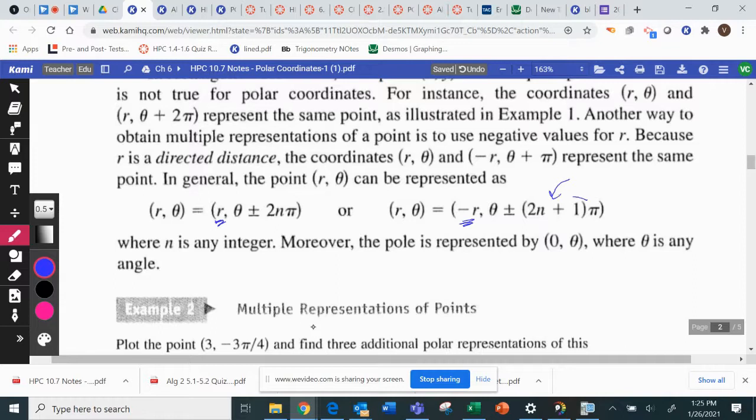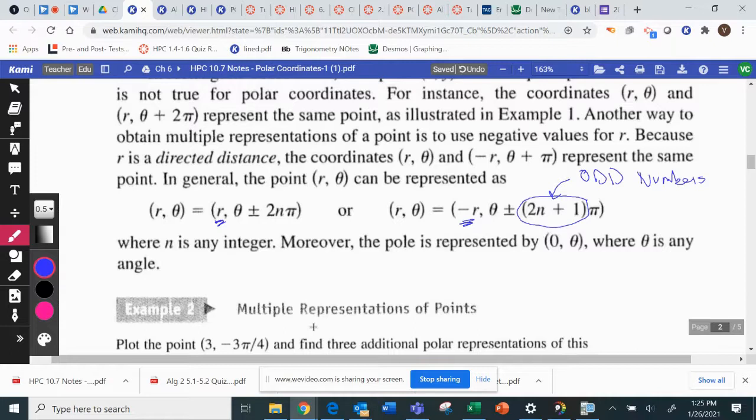What is this? Who knows what 2n plus 1 is? That's something in math that occurs a lot. Anybody know what that represents? It's the odd numbers. Very good. Nobody knew in my first period.